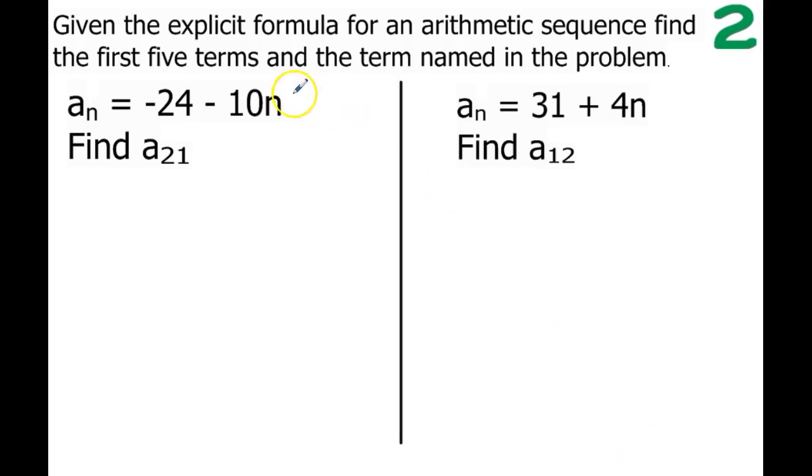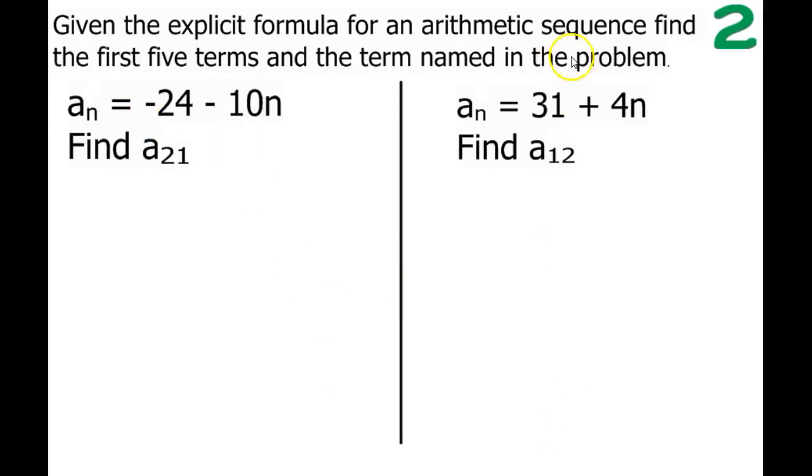Alright, now we are given the formula for an arithmetic sequence, simply in the form y equals mx plus b. They just flipped around our two terms here. This would be like mx and then plus b. So just so you know, it really is in the form y equals mx plus b.